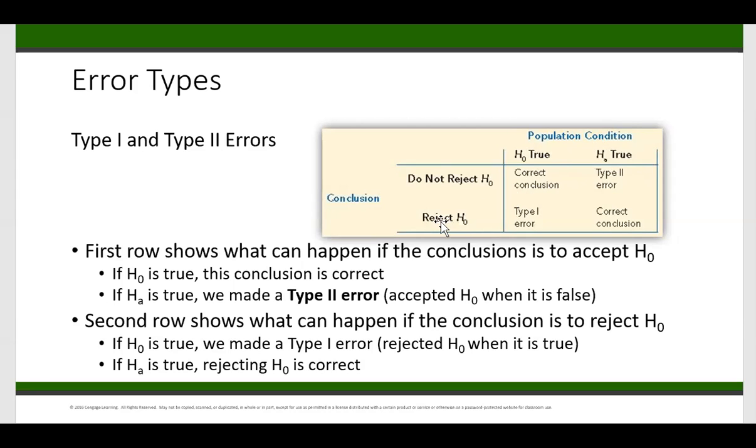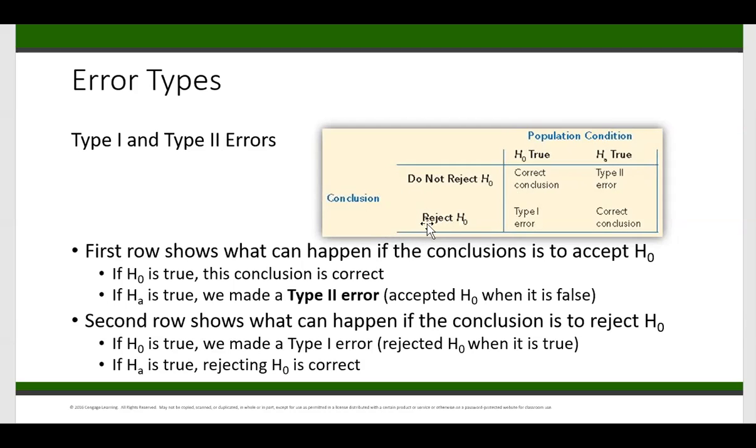So we have two possibilities. But then when we run the test, when we collect the sample and we do all those steps in hypothesis testing and make a conclusion, our conclusion cannot be out of these two options, right?